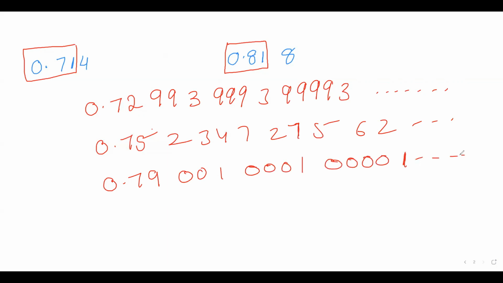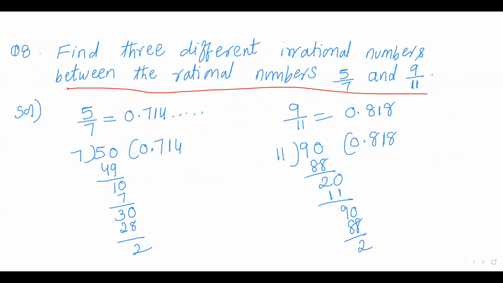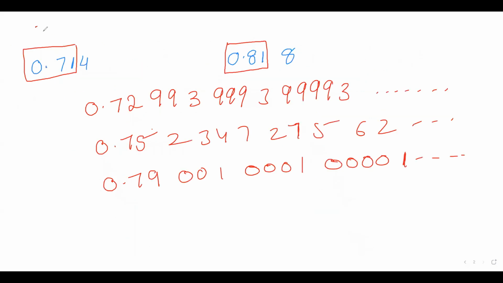These are the irrational numbers between 0.71 and 0.81. That is 5 by 7 and 9 by 11. This is nothing but 5 by 7. This is 9 by 11.